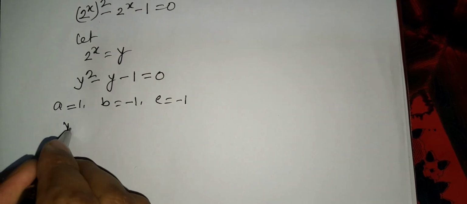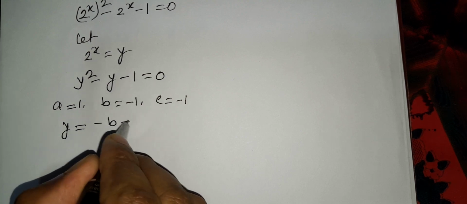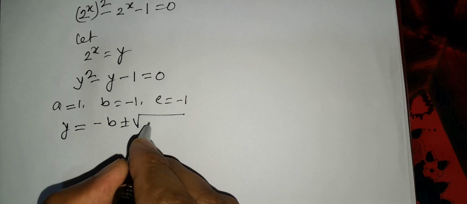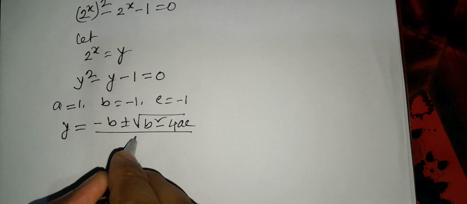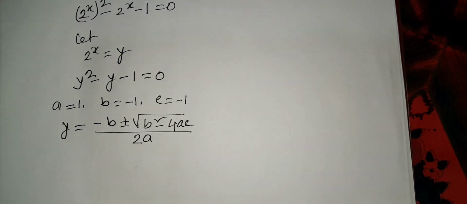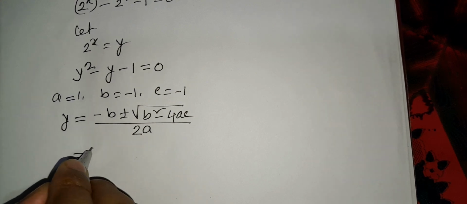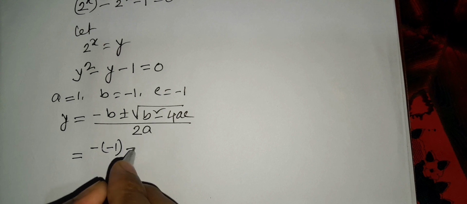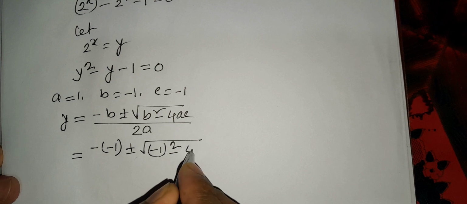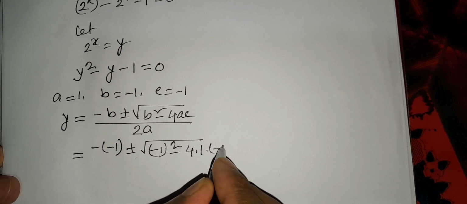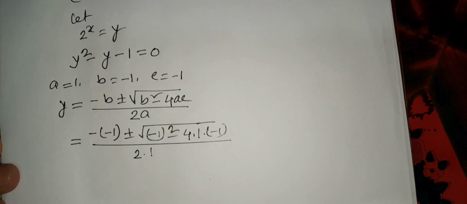So y equal to minus b plus minus root over b square minus 4ac by 2a. Okay, we are putting the value of a, b and c. So minus of minus 1 plus minus root over (minus 1) all square minus 4 into 1 into minus 1, by 2 into 1.